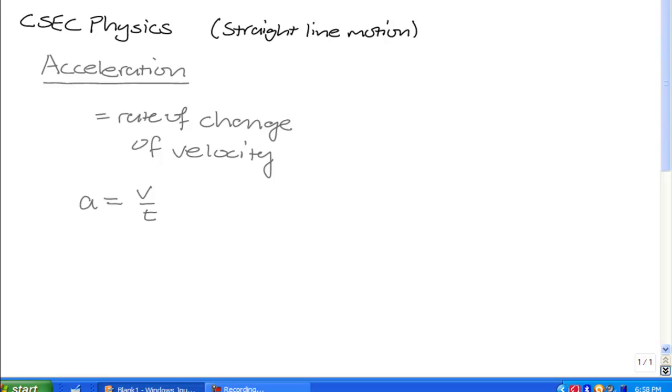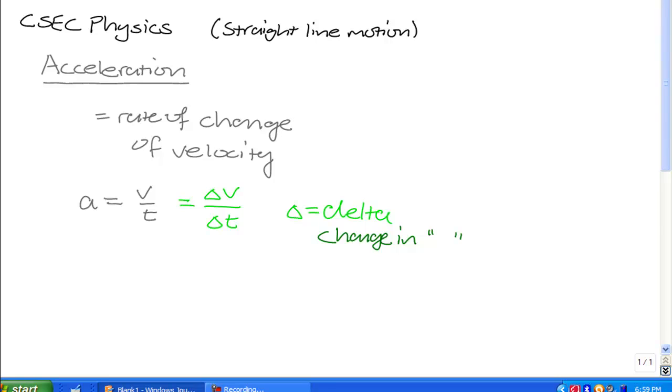Now, you might want to note in some books, you might see this being written as delta v divided by delta t. This triangle thing is delta. It's used to signify a change in whatever physical quantity you're measuring, right?